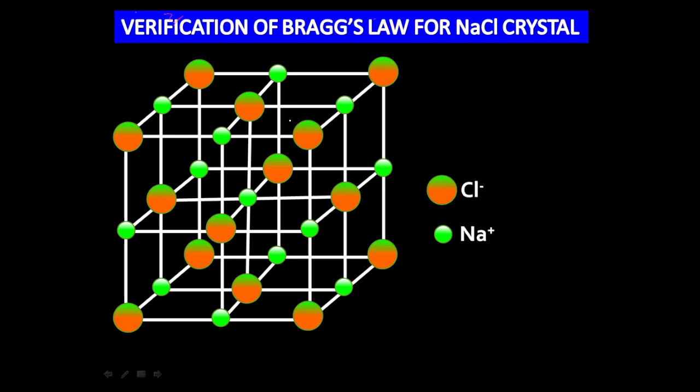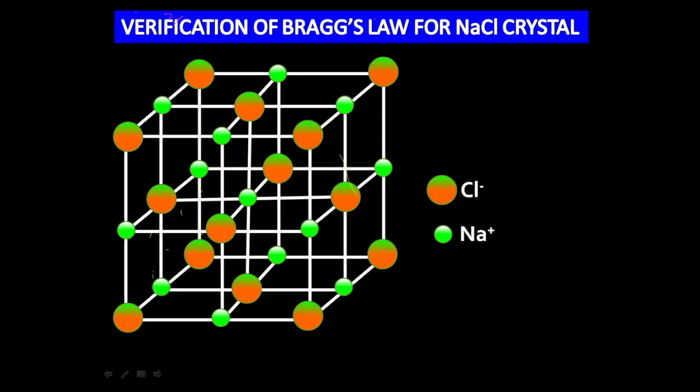If we look at the structure, it possesses Na+ ions at the edge centers and at the body center, and Cl- ions are present at the corners of the unit cell. There are 8 corners. Just look here: 1, 2, 3, 4, 5, 6, 7 and 8.